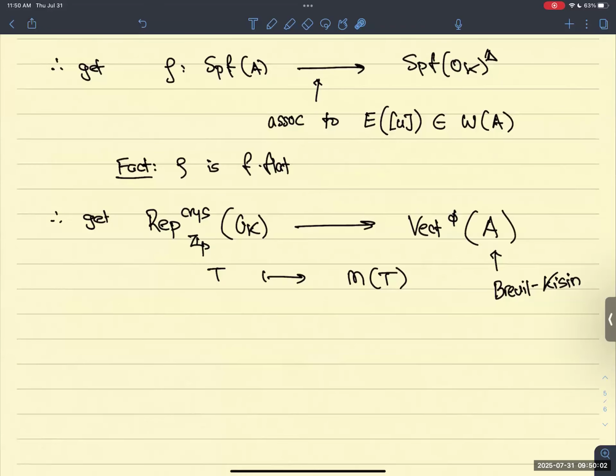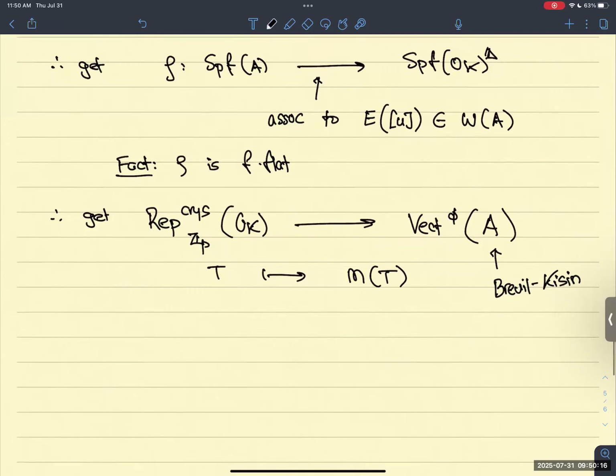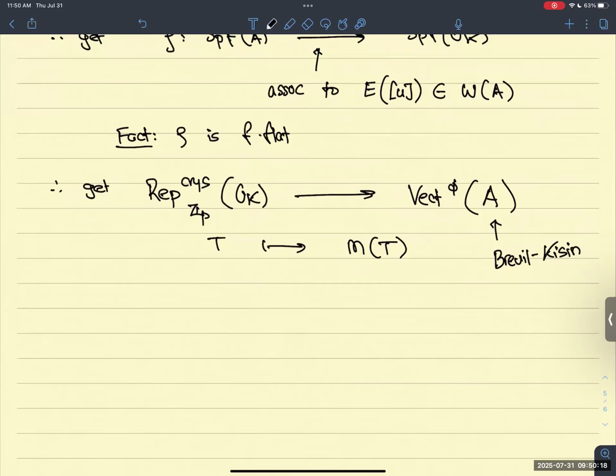And what I want to do is explain that there are two numerical invariants associated to M of T, and those two numerical invariants have some unexpected relationship if it comes from a crystalline Galois representation.